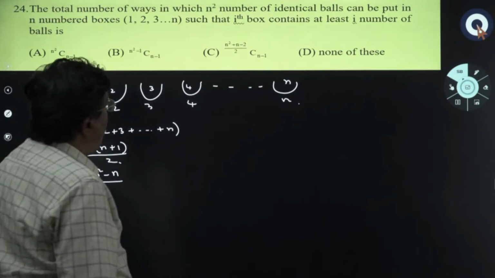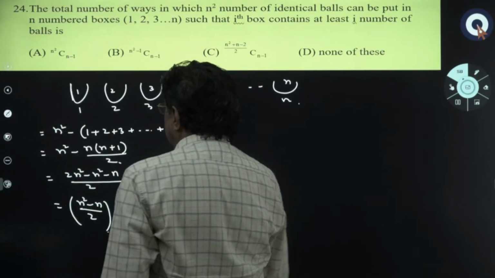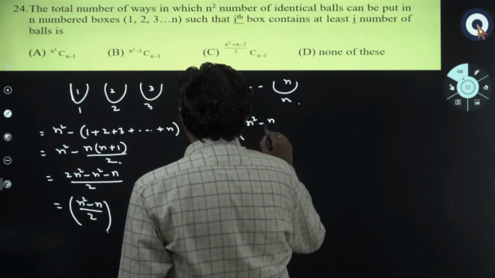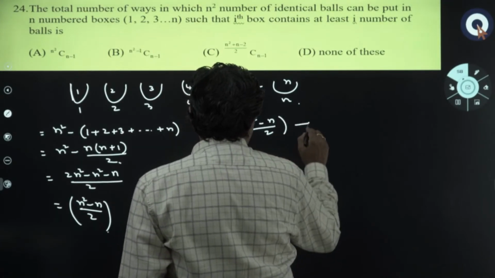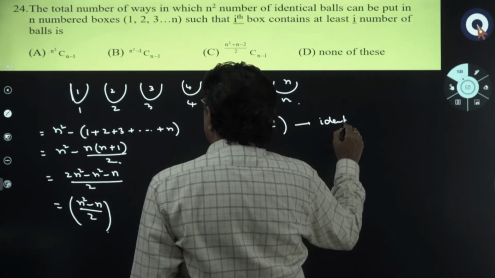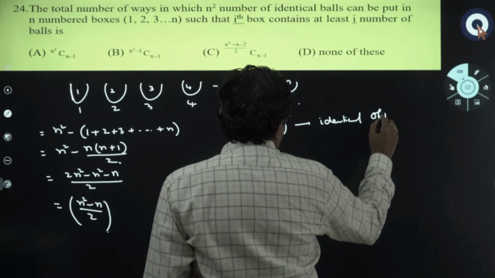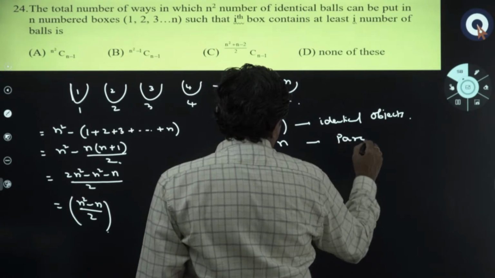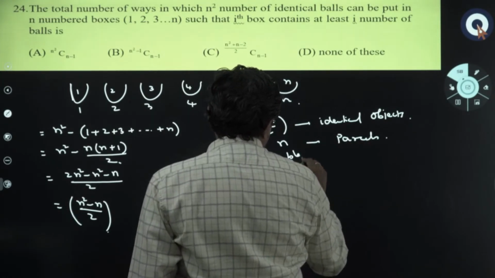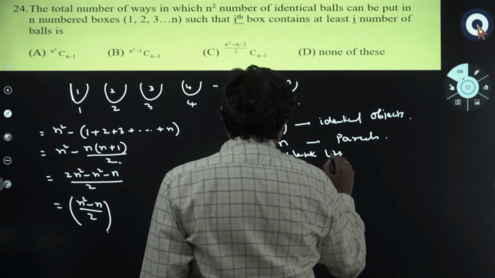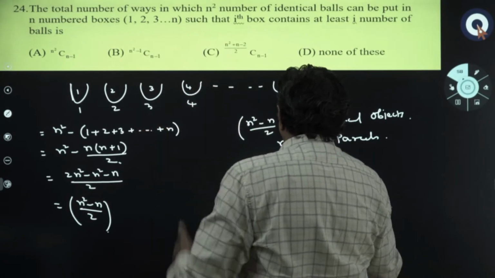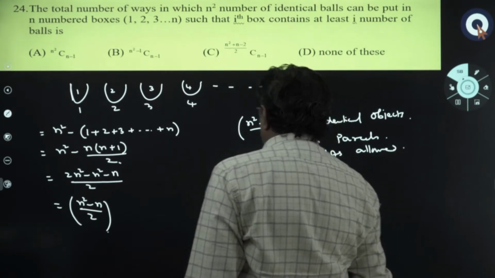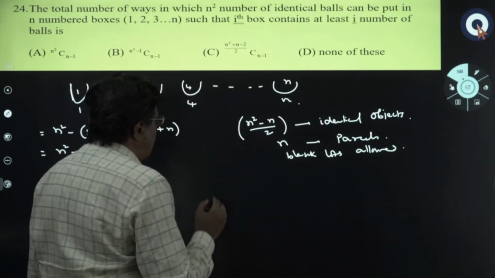Now these balls are distributed into n boxes. So (n square minus n)/2 identical objects into n parcels. Now blank lots are allowed, because these remaining balls you can distribute the way you want. So n identical things or parcels, blank lots allowed.